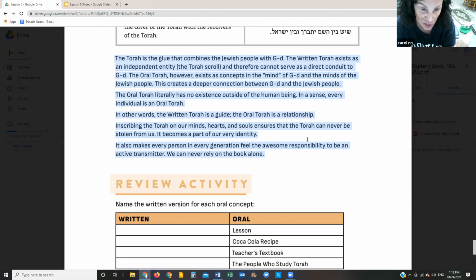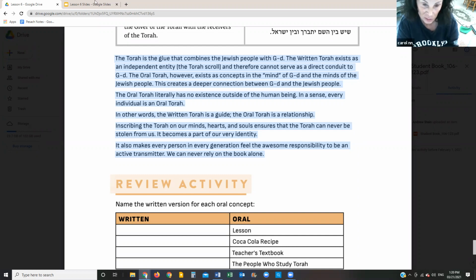In other words, the written Torah is a guide. The oral Torah is a relationship. Inscribing the Torah on our minds, hearts, and souls ensures that the Torah can never be stolen from us. It becomes part of our very identity. It also makes every person in every generation feel the awesome responsibility to be an active transmitter. We can never rely on the book alone.